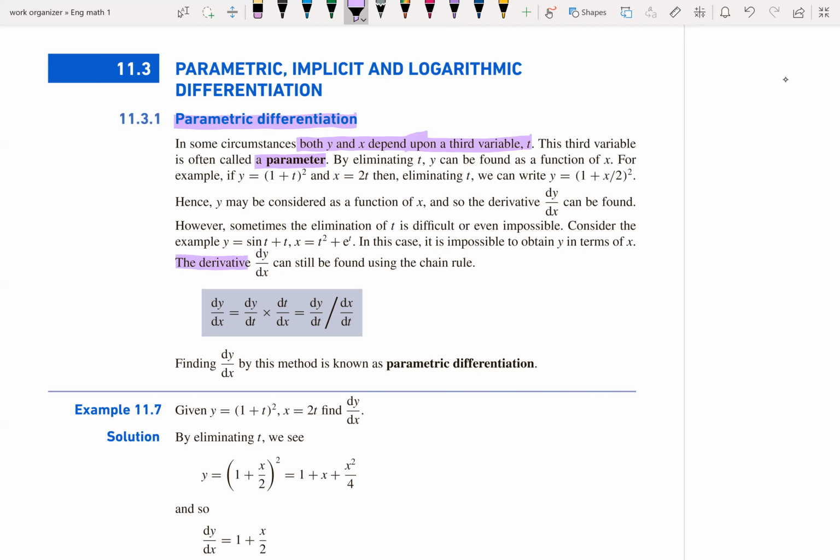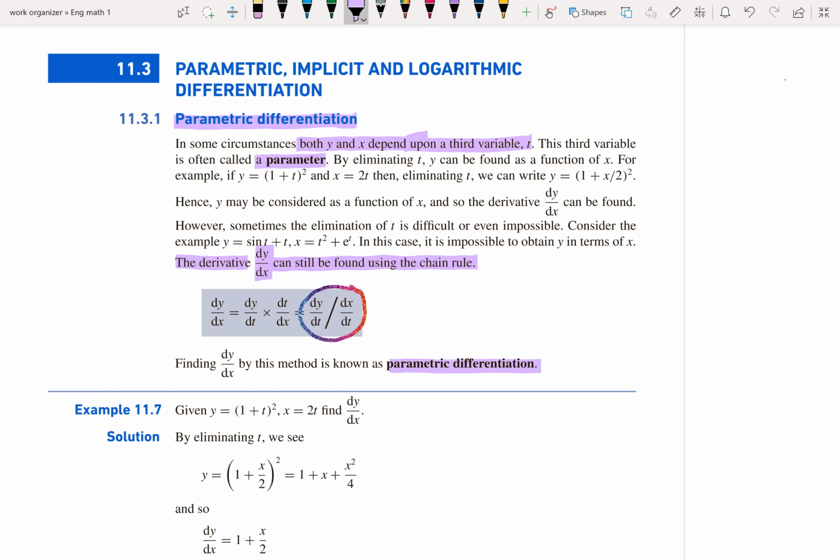The derivative, which is dy over dx, can still be found using the chain rule, but it is slightly different. In this form we just have a quotient or fraction form. So this is also called parametric differentiation.